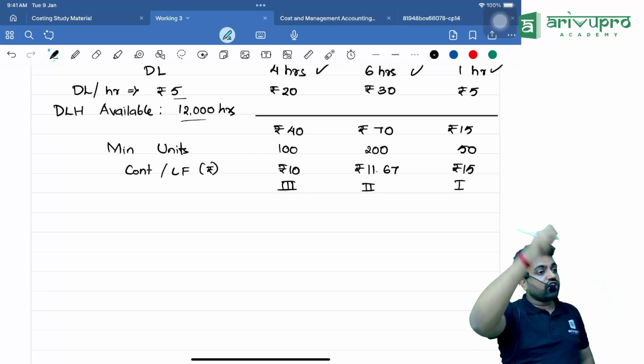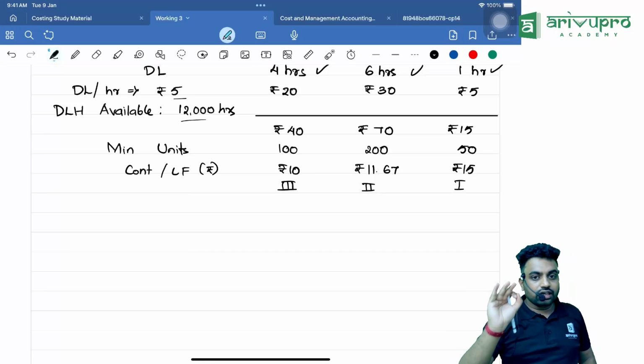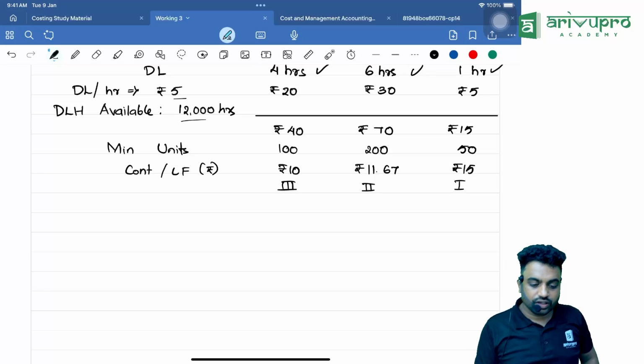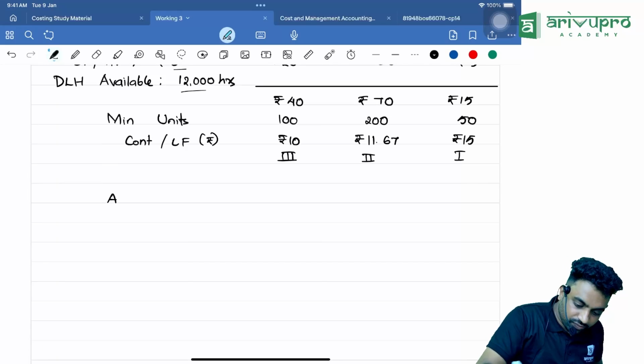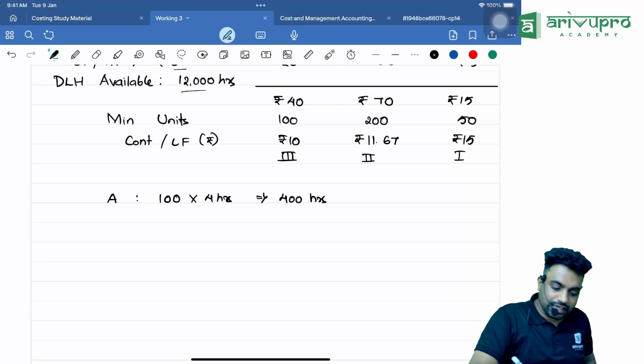But before going for how many units to be produced, listen carefully. First block the minimum number of units. That is A. 100 units are minimum. So 4 hours per unit. Block 400 hours. B.